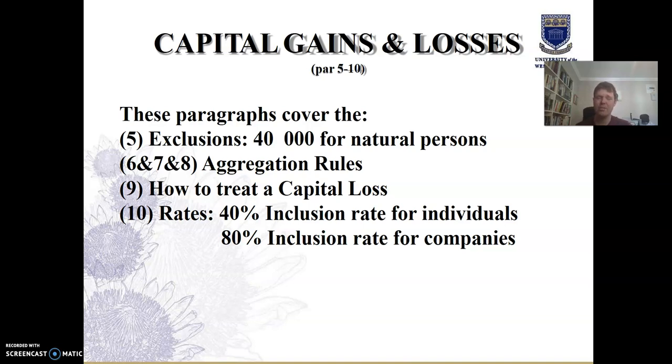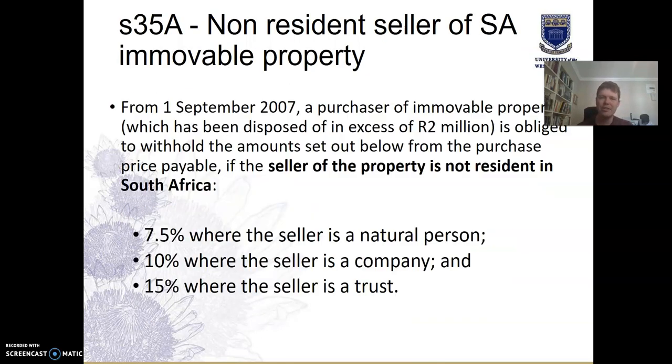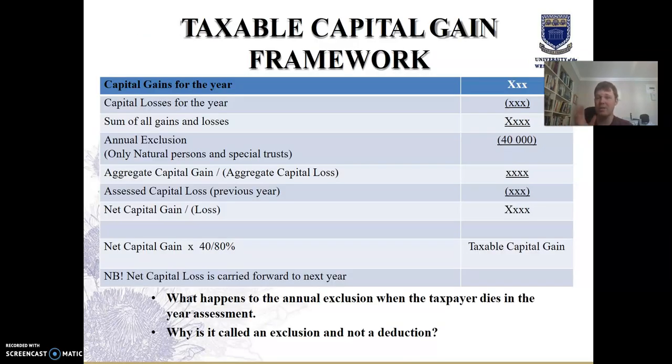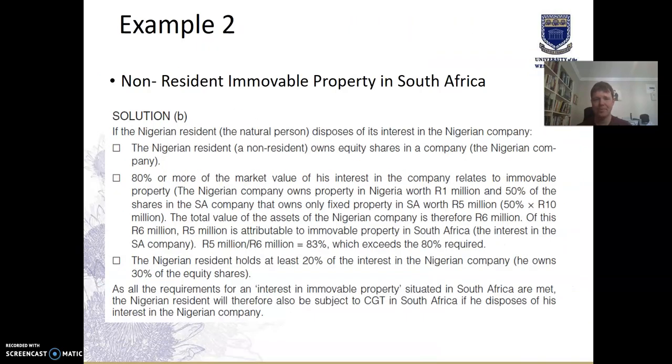That's covered in paragraph 9, how you deal with a capital loss, and paragraph 10, the 40% and the 80%. So paragraphs 5 to 10 are effectively covered by this slide over here. If you understand this, then you understand paragraphs 5 to 10, and you probably don't need to highlight anything. Okay.